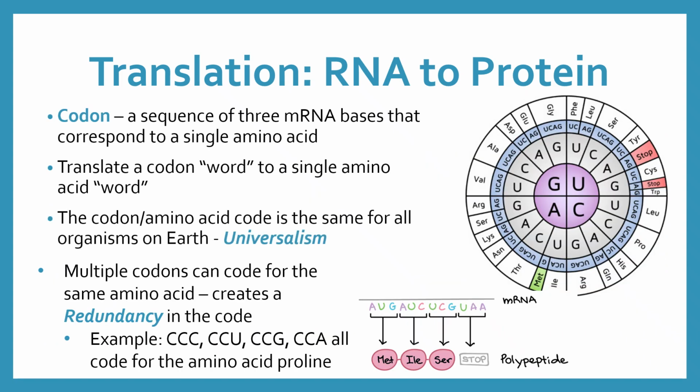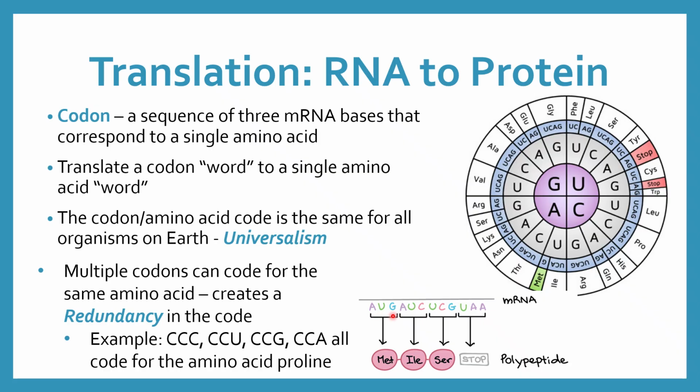A DNA or RNA word is called a codon. So this is a sequence of 3 bases that are right next to each other, 3 mRNA bases that are going to end up being able to be translated into a single amino acid. So the codon is the DNA word.